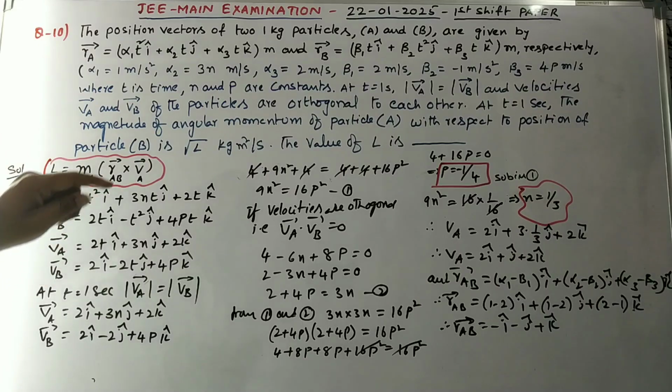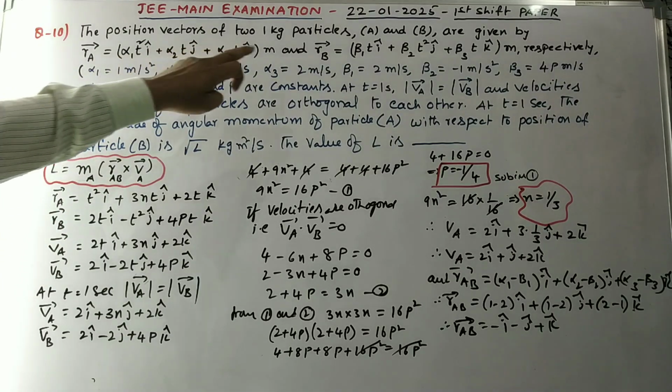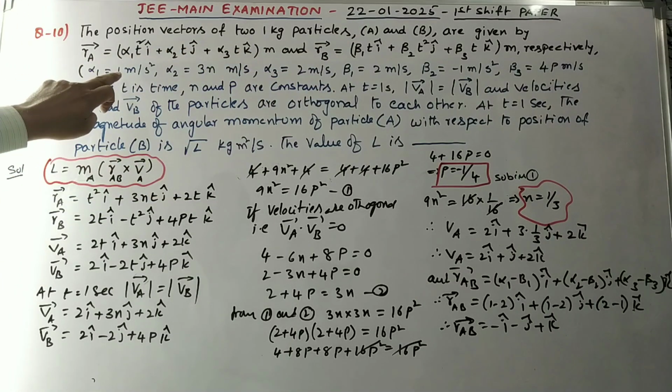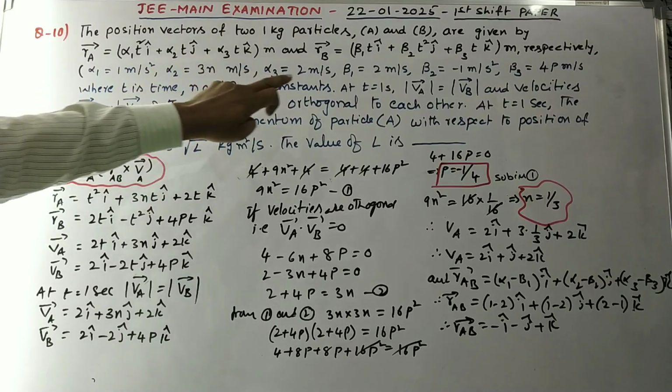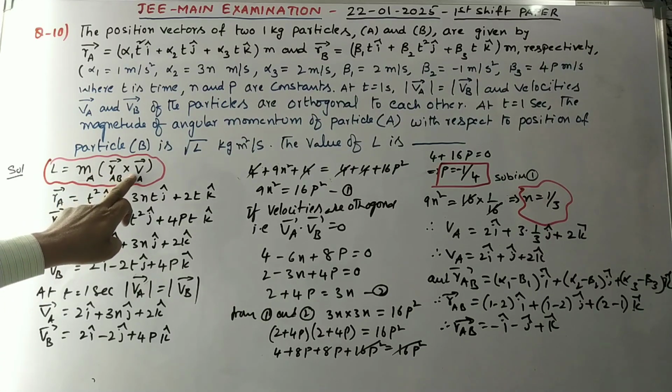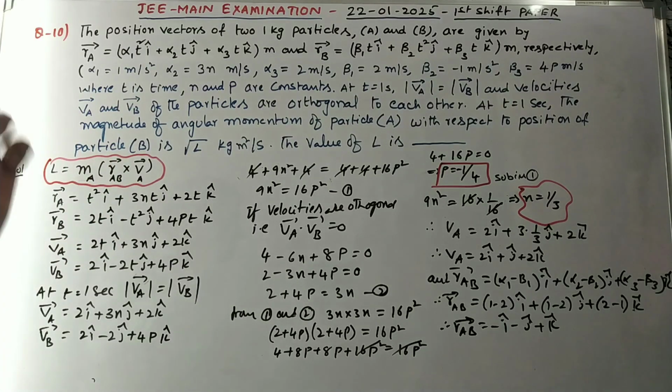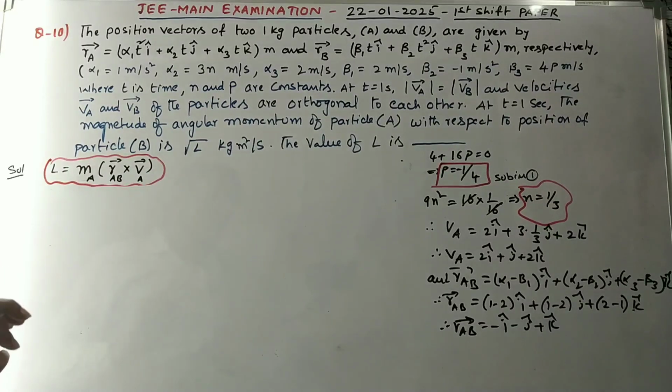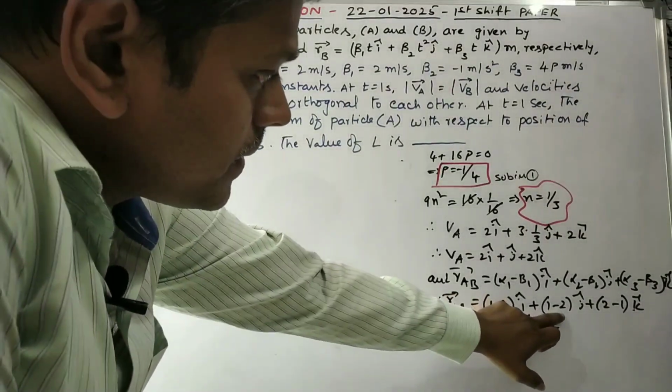Is it correct or not? Alpha 1 minus beta 1: alpha 1 is equal to 1, beta 1 is equal to minus 2, right? Okay, now we get the position vector and velocity vector. Okay, here 1 minus, it is not correct.